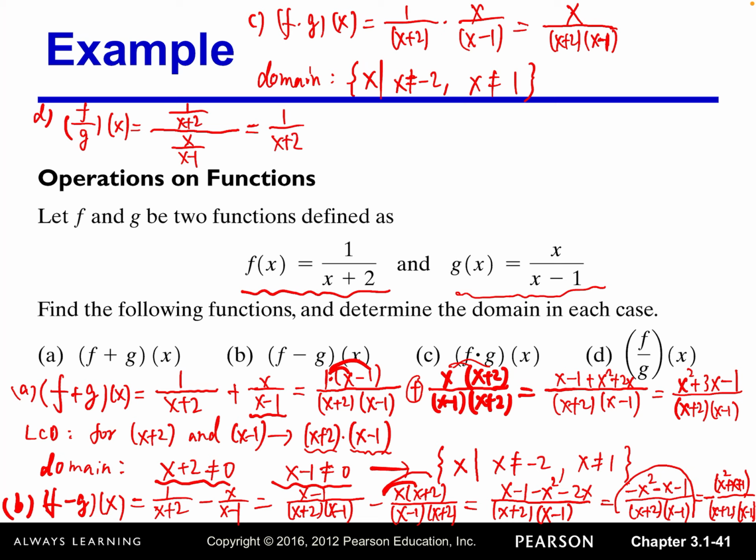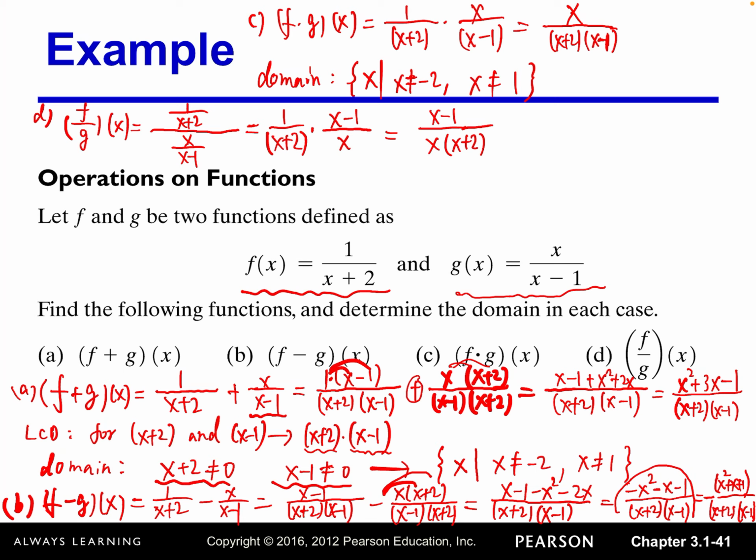So 1 over x plus 2 divided by x over x minus 1 is equivalent to multiplying by the reciprocal, x minus 1 over x. So we rewrite vertical division into horizontal multiplication. That's why we get the numerator x minus 1 and the denominator x times x plus 2.